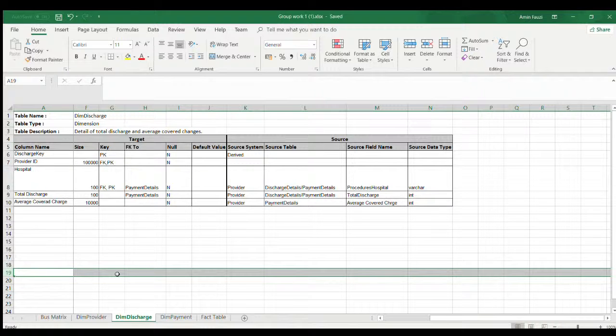The next one is the hospital region, where the hospital is located in the regional area. After that is the total discharge, meaning how many patients were discharged from this hospital, and then the average covered charge for every patient.